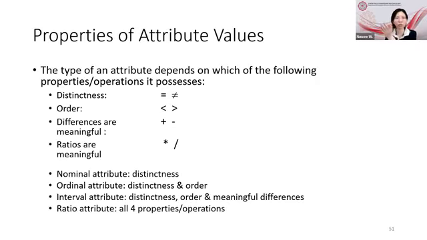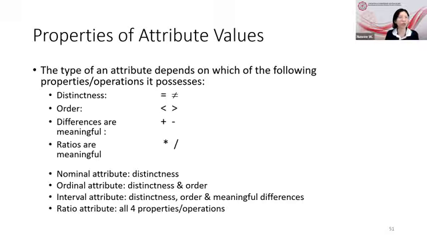Is red equal to white? No, it's not equal, right? Whether they can be ordered, larger than or smaller than, whether they can be differenced, plus or minus, whether they can be ratios, which means you can multiply or divide, right?